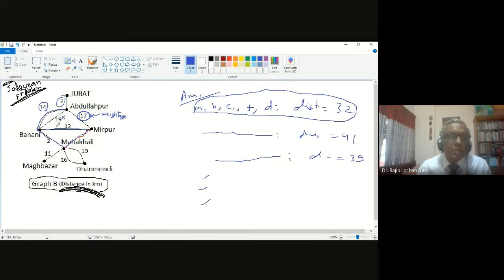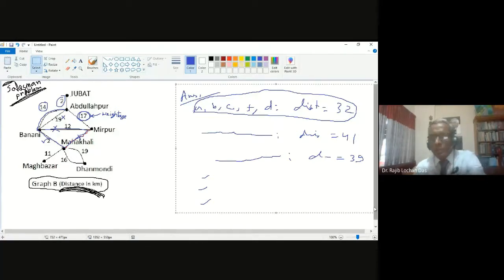So definitely you will not go 12 or the other way, because there is one option to go to Mohakali, and it is very small, only 2. So you will take only this one, with no need to show the other calculations. That is the reasonable calculation also.